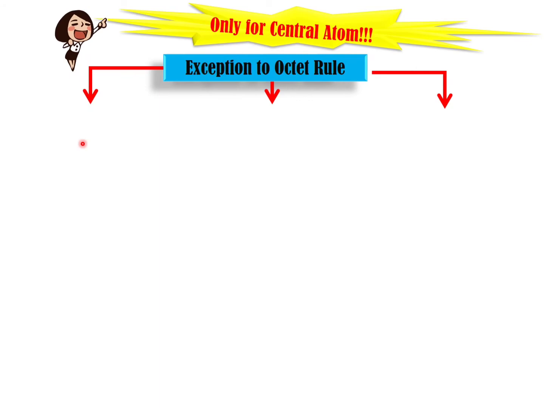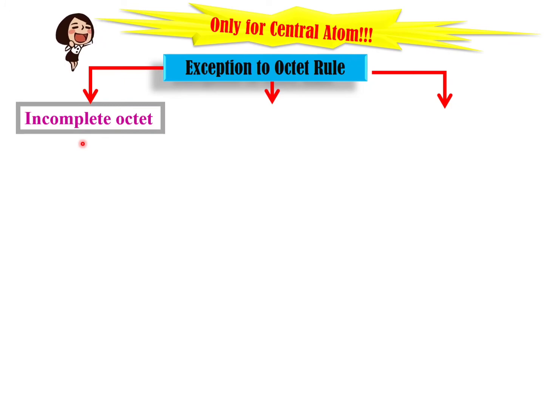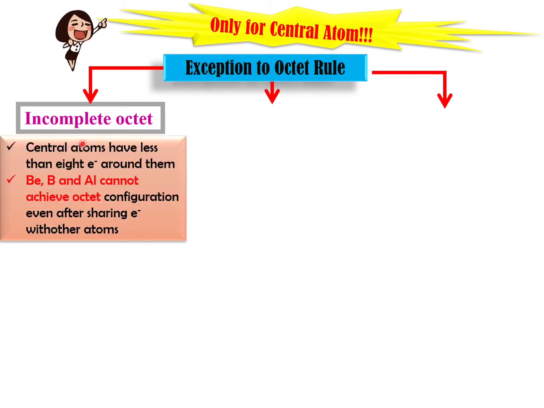Okay, cuma dekat sini ada 3 pengecualian octet rule. Yang pertama, incomplete octet. So what is incomplete? Incomplete maksudnya dia takkan cukup 8 elektron around central atom. So central atom that have less than 8 electron around them. Ini normally berlaku kepada beryllium atom, boron atom, aluminium atom.